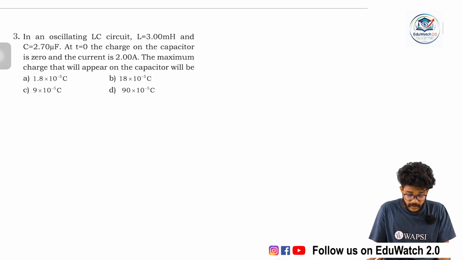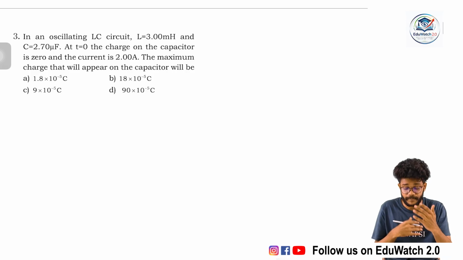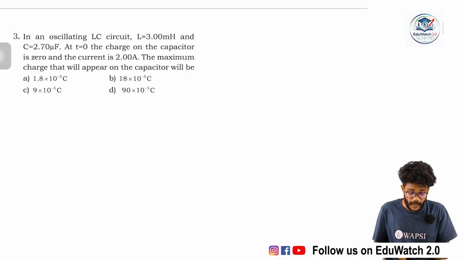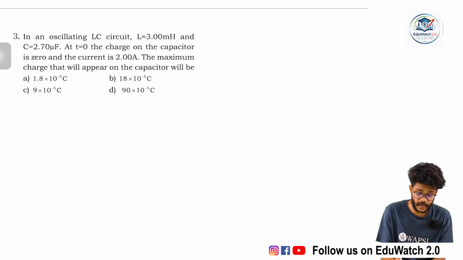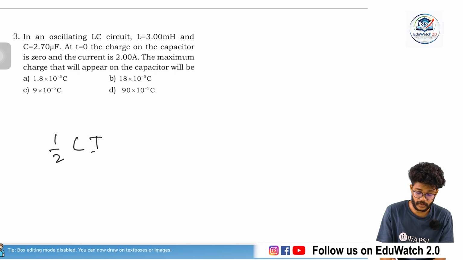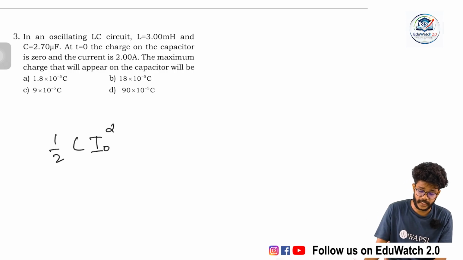The maximum charge that will appear on the capacitor, so that we have to calculate, Q naught, maximum charge. So what happens if we charge? The inductor gets an electric current, so it will store energy that is half L i naught square, half L i square.